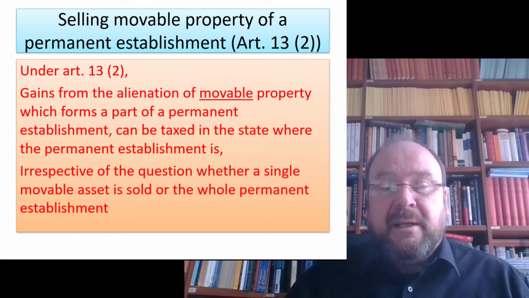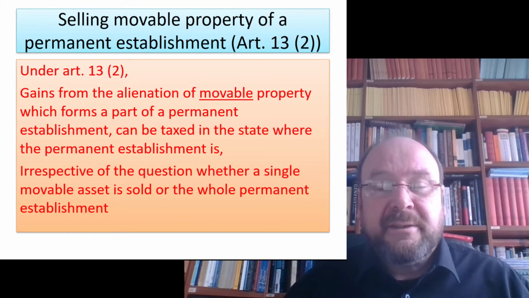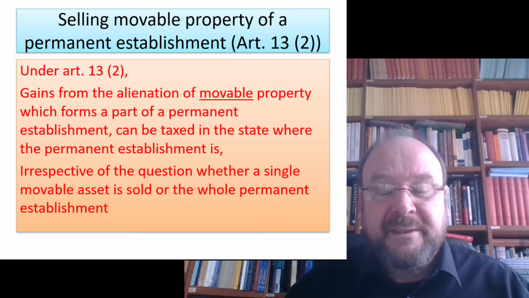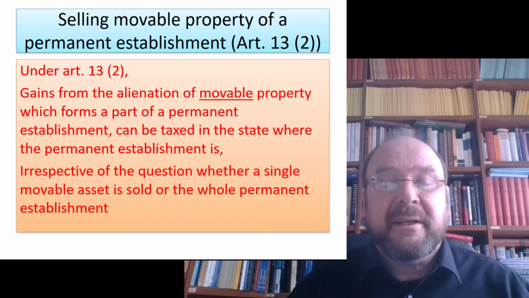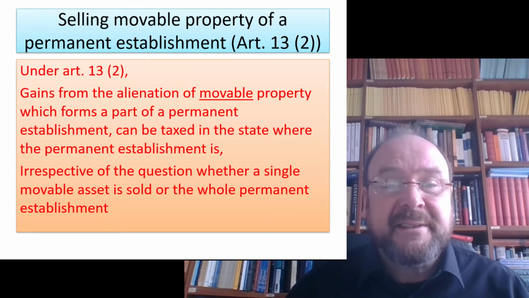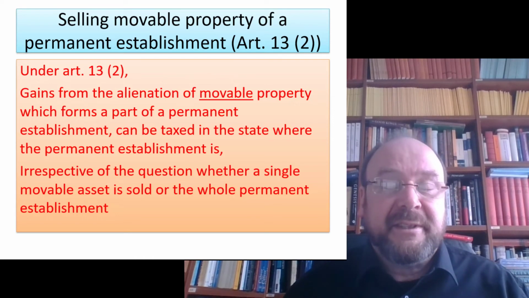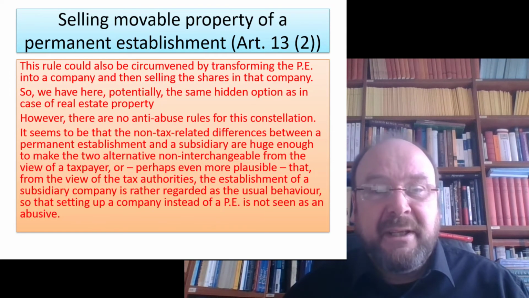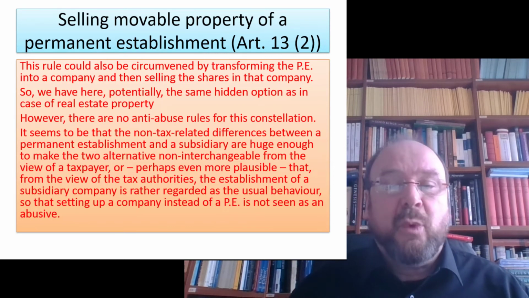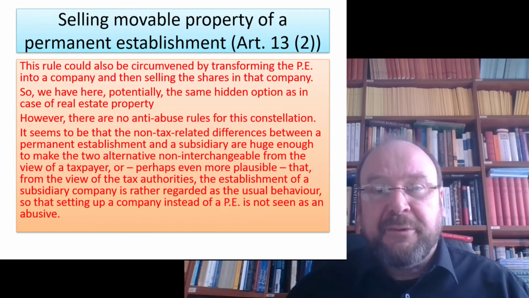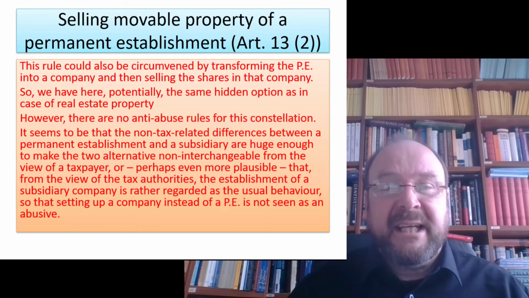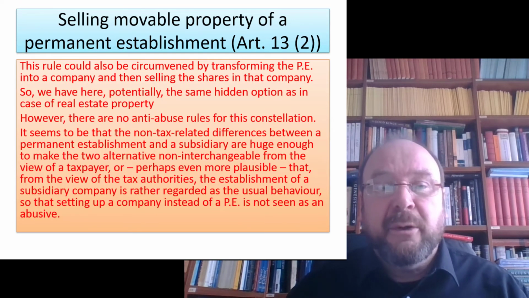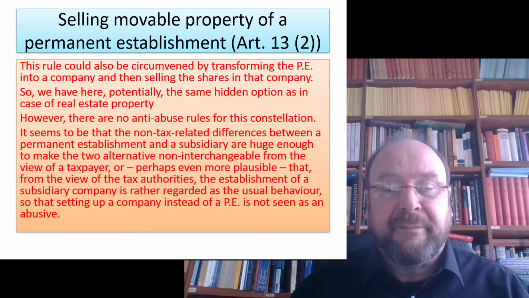Here again, we could think about circumventing that rule by replacing the permanent establishment and its assets by a company which holds now these assets, and then you sell just the shares in the company. So you have here in 13.2 the same hidden choice as in 13.1, but up to now at least there is not a single anti-abuse rule which I know in the double taxation treaties.